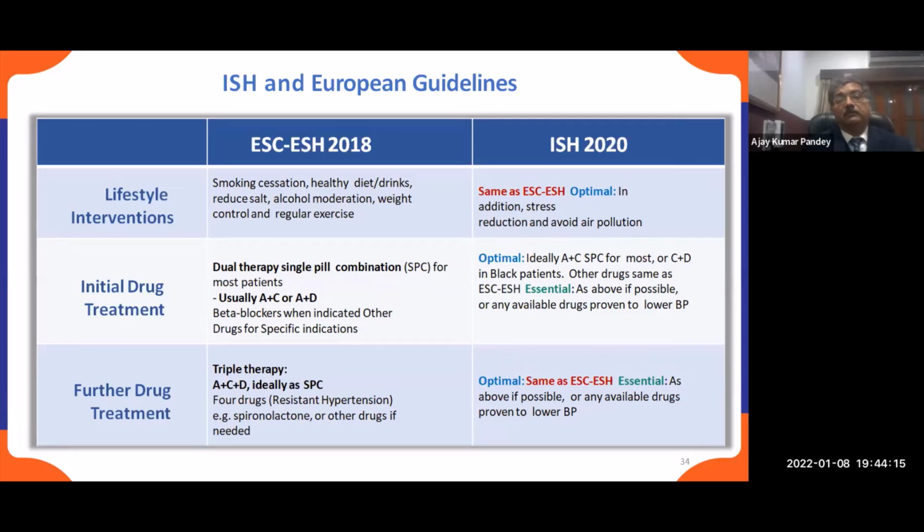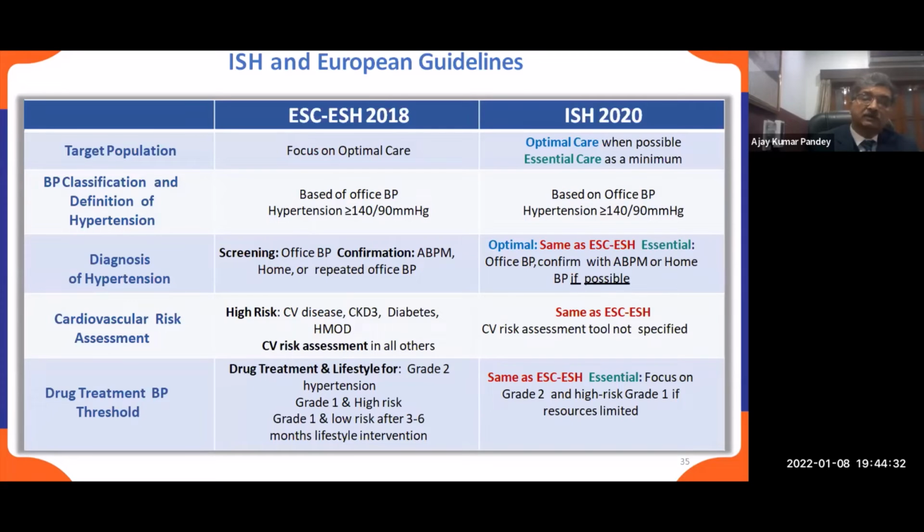They are important in a single pill combination, and we do have single pill combinations in the market. 4 drugs are used for resistant hypertension, and the fourth drug should be spironolactone or other drugs if needed. And the International Society also recommends the same as the European Society guidelines.